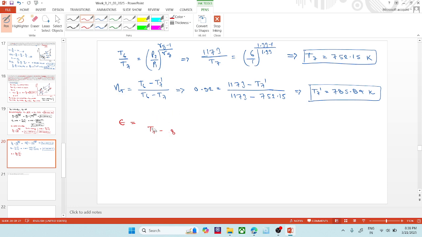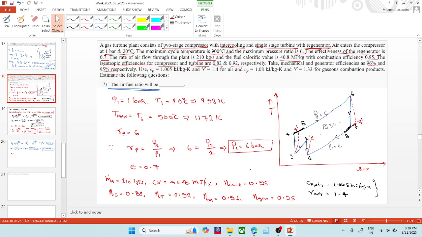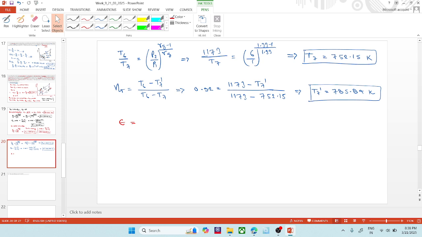No, that was not the correct formula. So effectiveness can be written as T5 minus T4 dash divided by T7 dash minus T4 dash. Okay, so it would be T5 minus T4 dash divided by T7 dash minus T4 dash.